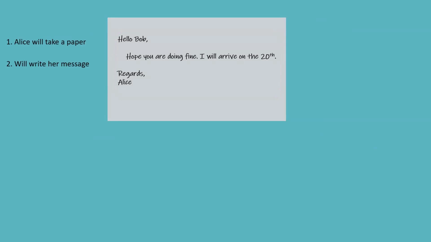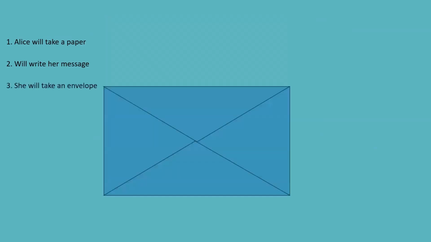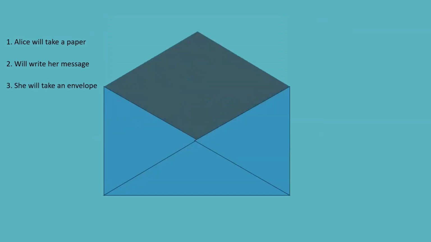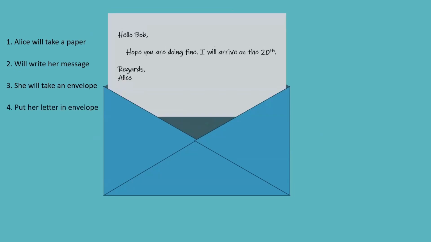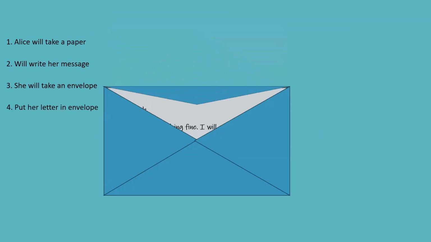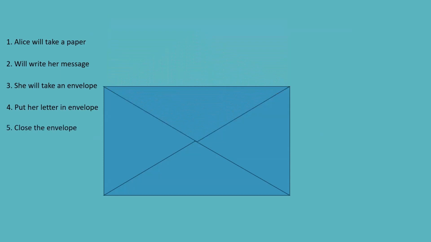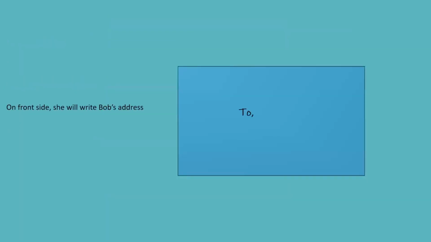And then next, what she does is she takes an envelope, puts her letter in the envelope and closes the envelope. Okay. Next, on the front side, she would put Bob's details.